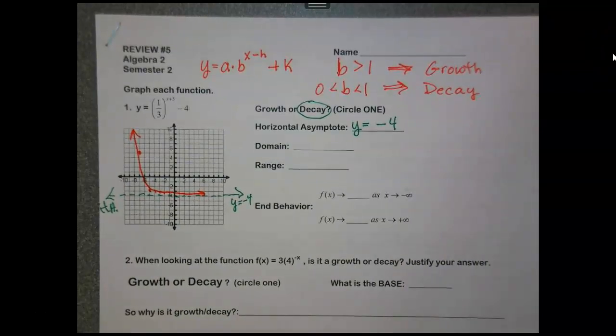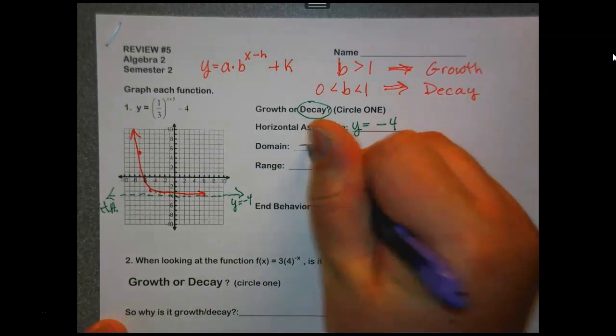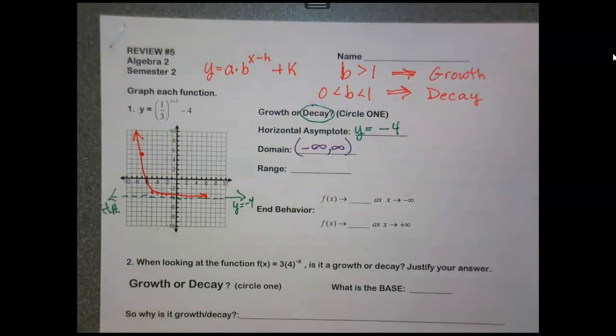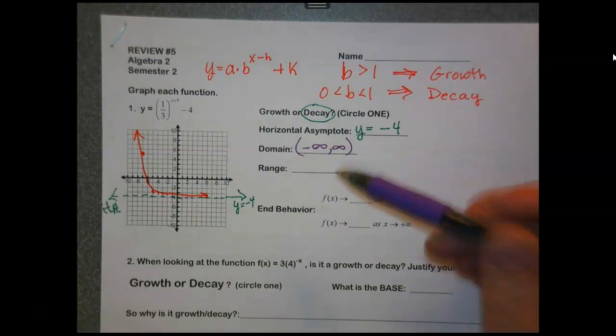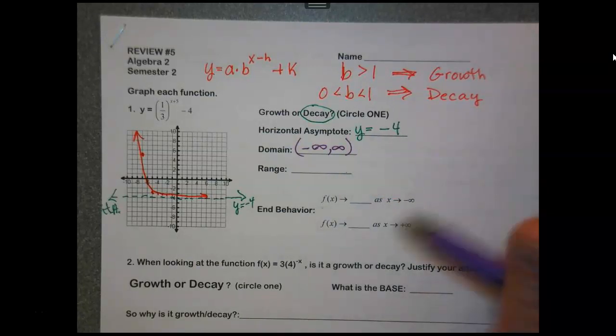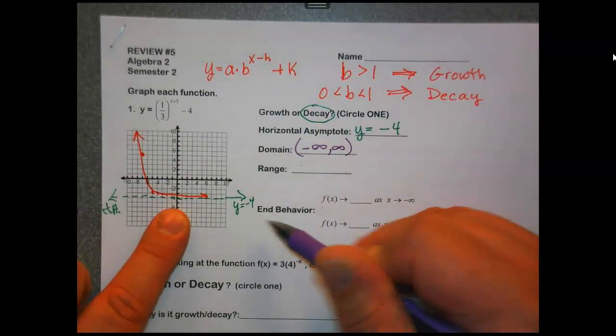My domain for an exponential function is always going to be negative infinity to positive infinity. Now for the log function, which undoes exponential forms, they undo each other. It's just everything's going to be the opposite. So for the log functions, the range is always going to be negative infinity to positive infinity for this class. Now my range is my y values.